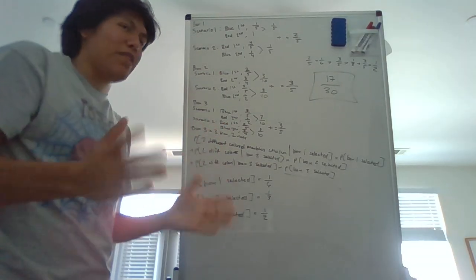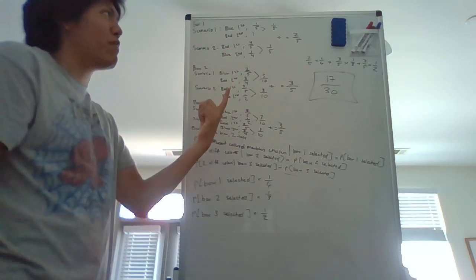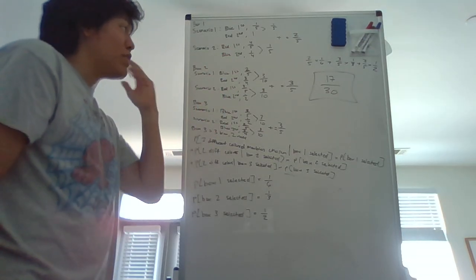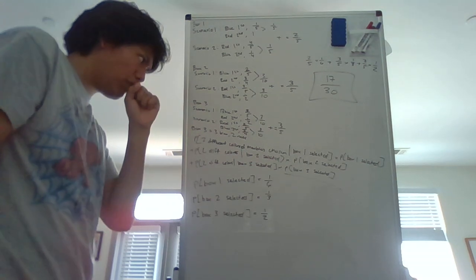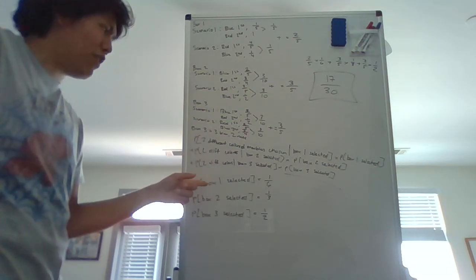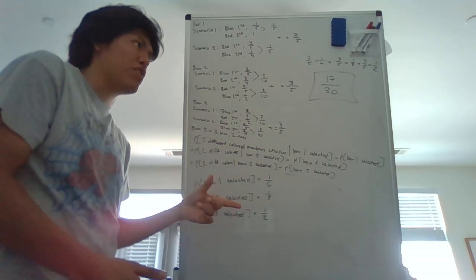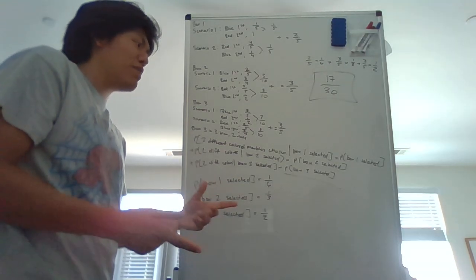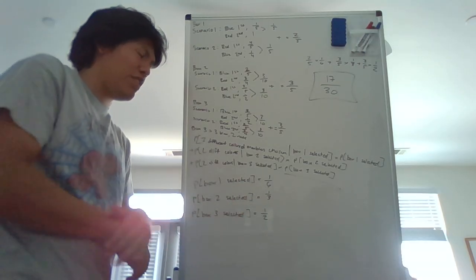Which, like I said, maybe it looks like more work, but it's not hard work. I mean, these fractions aren't very big. It's just, again, you have to really consider every single scenario. And then also remember that the probability of a box being chosen is proportional to the number of the box. That's why these probabilities are all different.